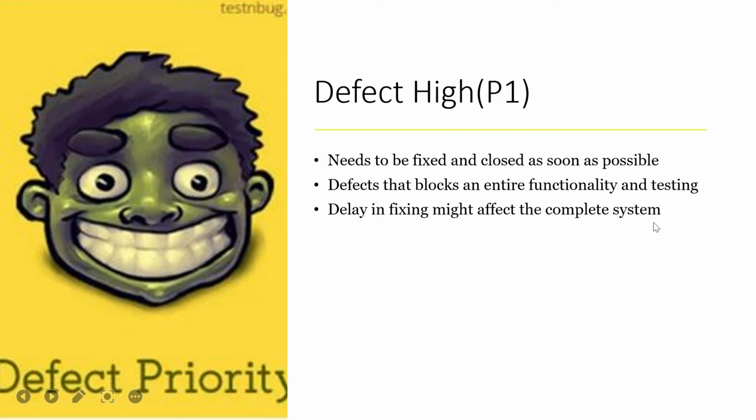That is going to be a high severity bug for us. Imagine these people are not fixing it first. The other 99 stories dependent on that login screen are going to be on hold, and we are not able to test. So that should be marked as a priority 1 defect. Delay in fixing might affect the whole system. Understood?